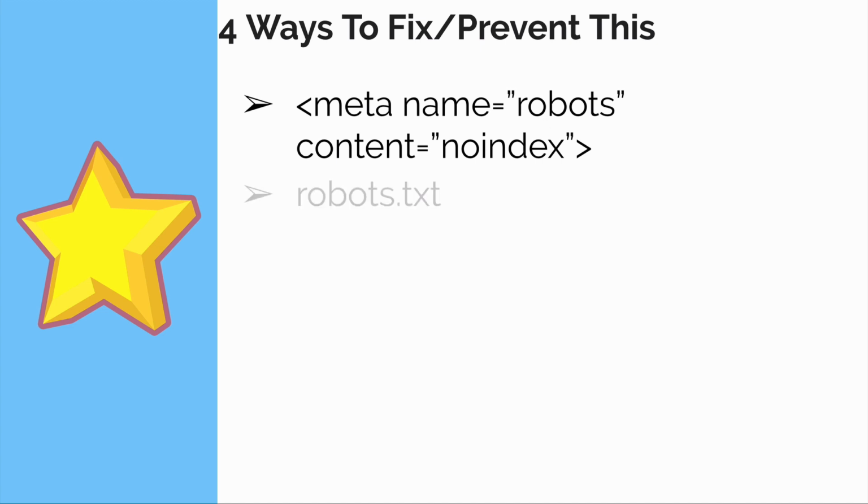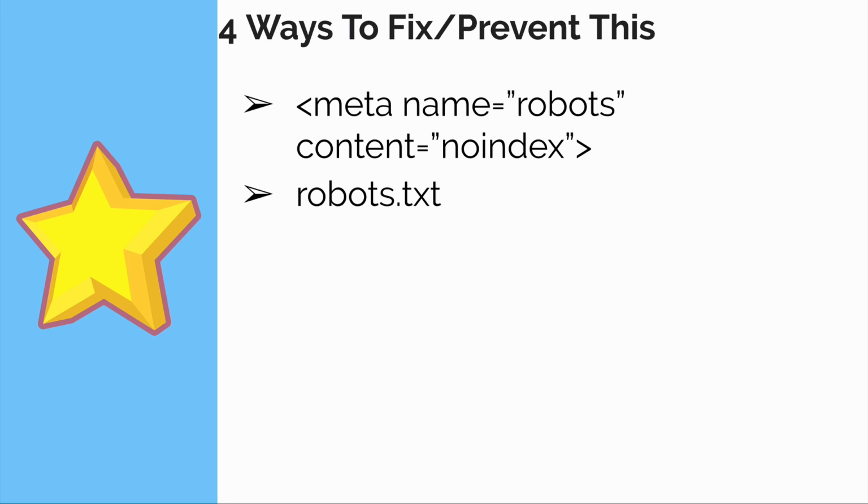Another thing you can do is have a robots.txt file in the root of your directory. The robots.txt file is not something your website visitors will see. It's only for Google or other search engines or other crawlers. And you basically tell the crawlers what not to crawl and what to crawl.